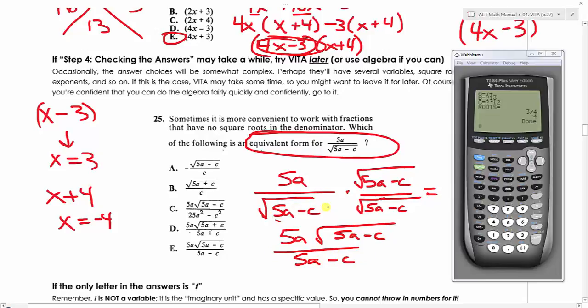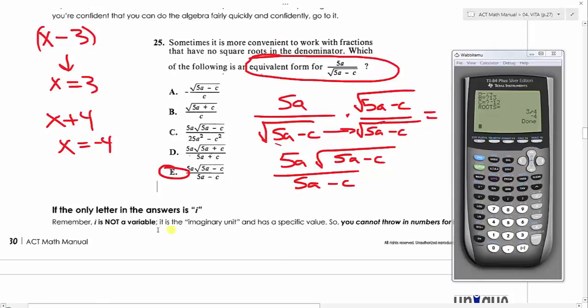Remember, when we multiply one radical by the same radical, the radical sign just goes away, and we are left with answer choice E. So again, the algebra on this question is not actually very difficult, although some students might not recognize that the algebra is fairly simple there.